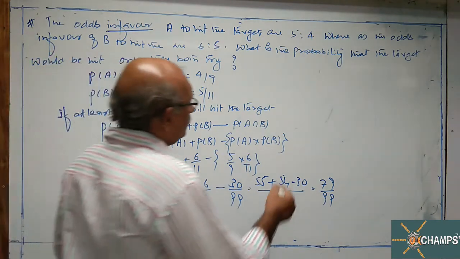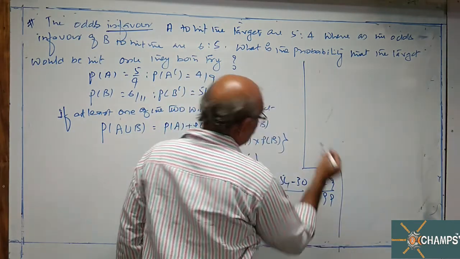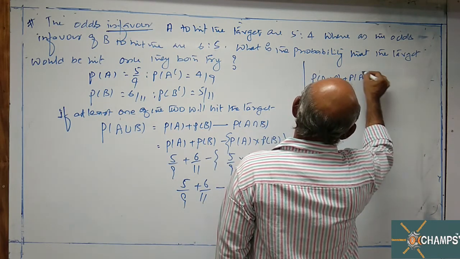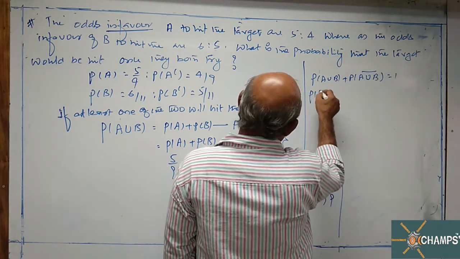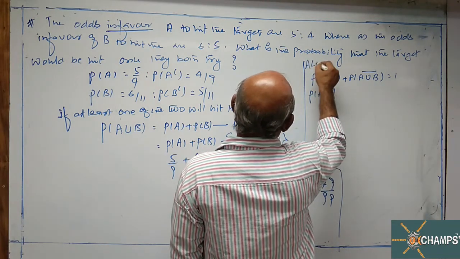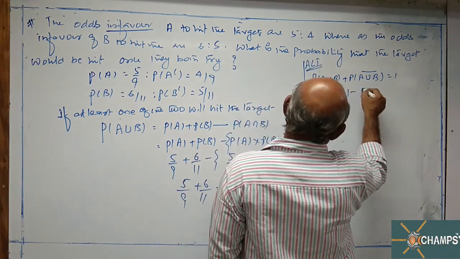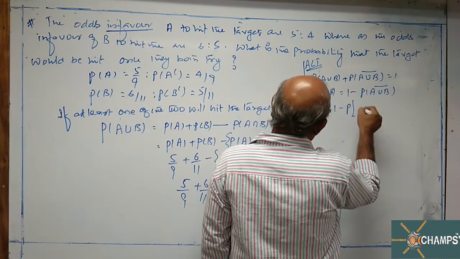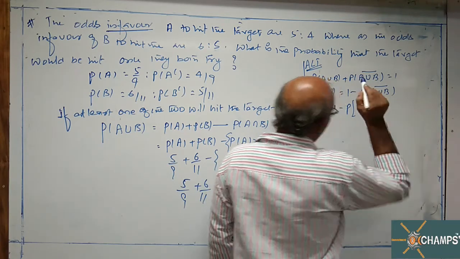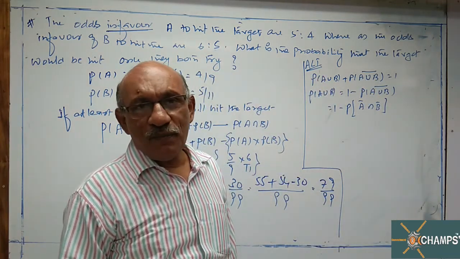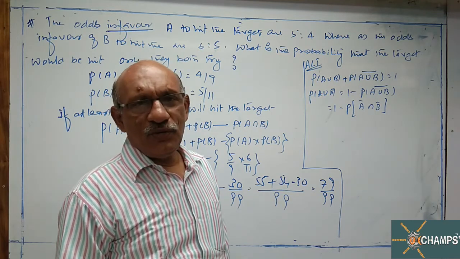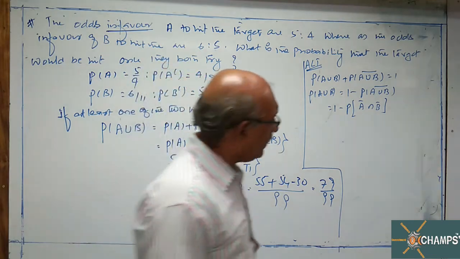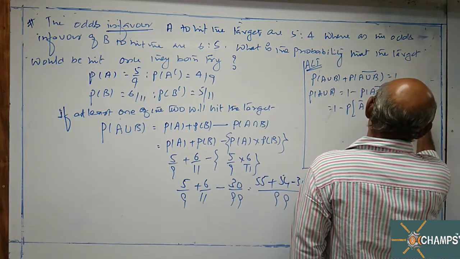Okay. There is an alternative approach. P of A union B plus P of A union B complement is equal to 1. So P of A union B is equal to 1 minus P of A union B whole complement. A union B whole complement can be written as A complement intersection B complement by De Morgan's laws.